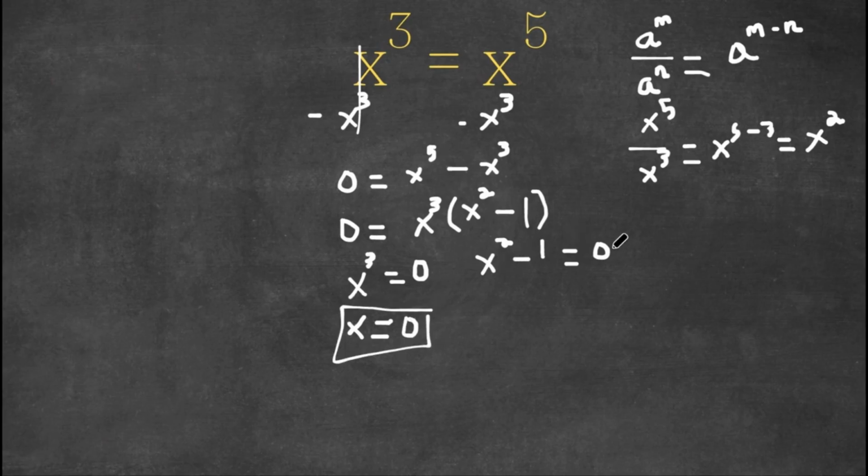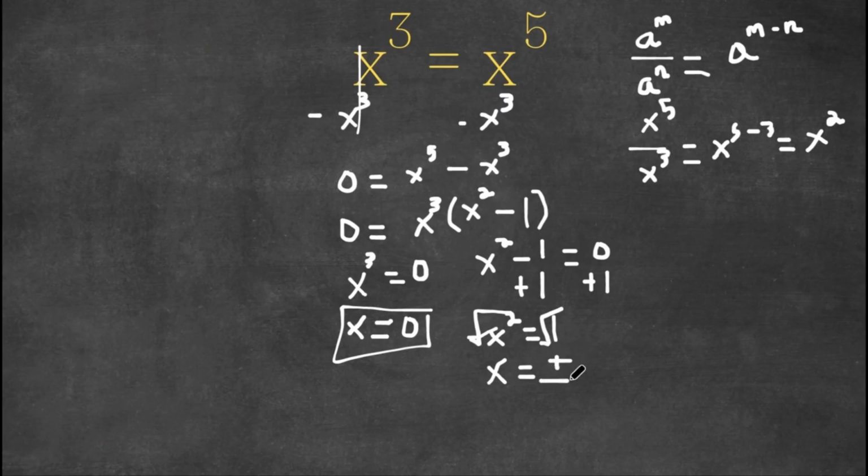Now we have x squared minus 1 equals 0. So if we add 1 on both sides, we get x squared equals 1. Now if we take the square root on both sides, because we just want x, we get x equals positive or negative 1.